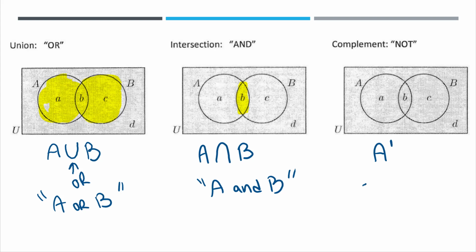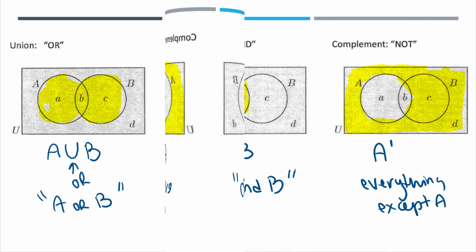So that means everything except A. So I'm going to shade outside of this A circle. So the highlighted part is the complement of A, meaning not A, or everything except for A.